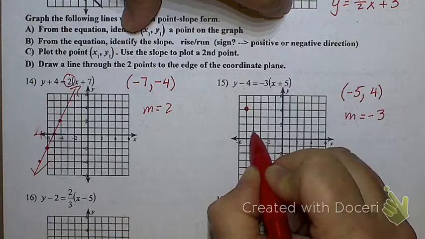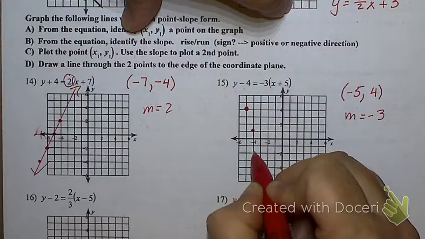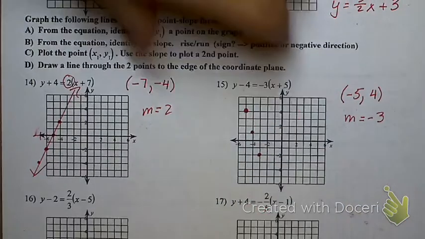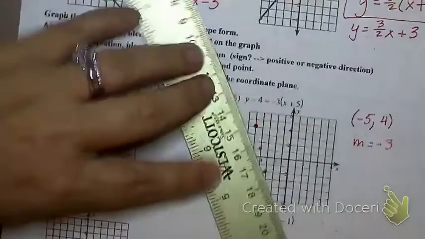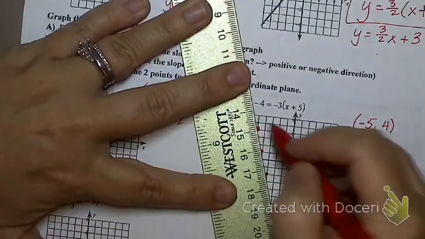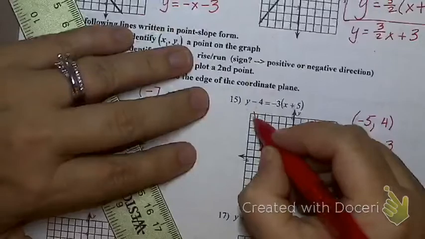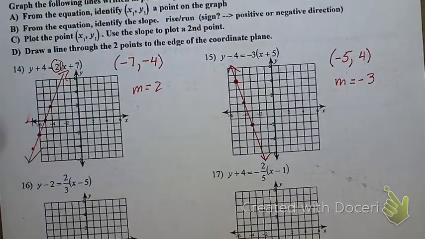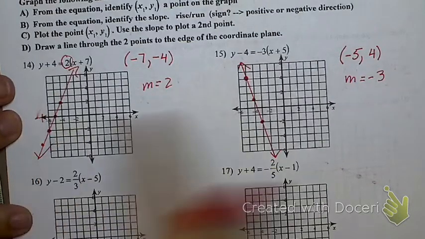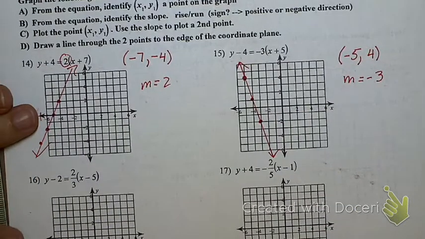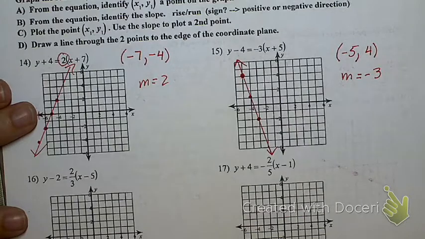Down 3, right 1. Down 3, right 1. Get your ruler out. Draw your lines. And there you go. By the way, tomorrow we're going to be graphing from point slope form and killing zombies. Okay? Figured that'd be appropriate for Halloween.